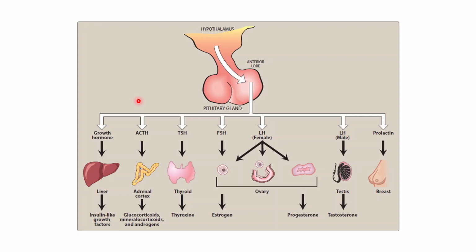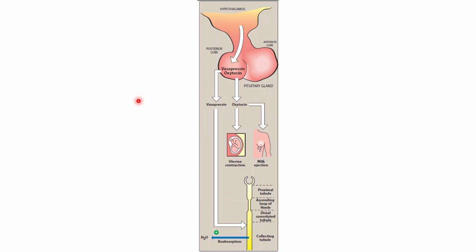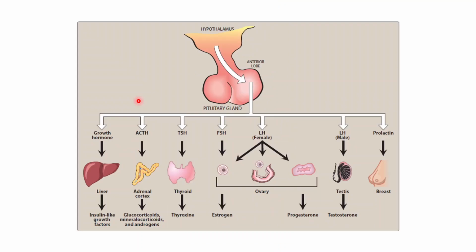Then we have gonadotropin releasing hormone. Gonadotropin releasing hormone is secreted from the hypothalamus and is required for the release of follicle stimulating hormone and luteinizing hormone.